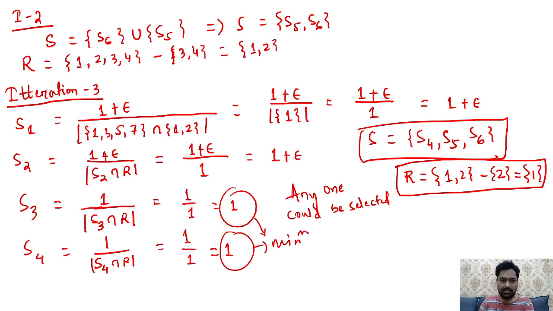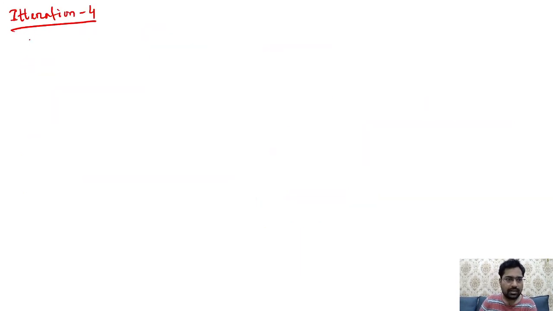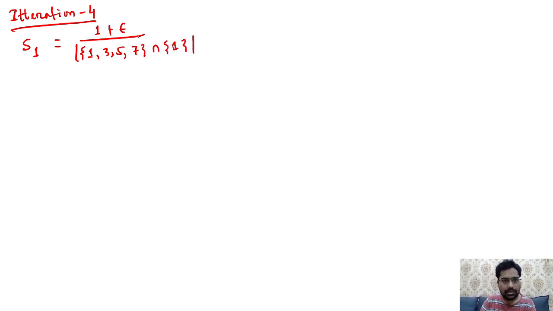Okay, so very next iteration, 4. The R value and S is known to us. Next, S1 will have like 1 plus epsilon. We have 1, 3, 5, 7 are the elements, and the R value is getting updated now.